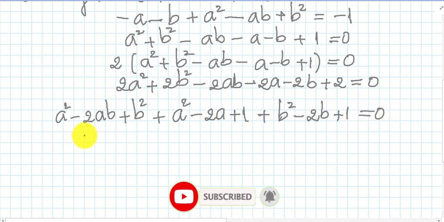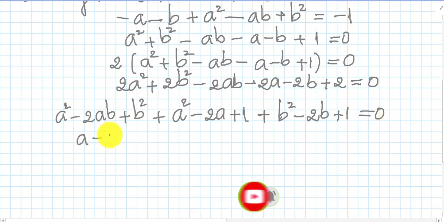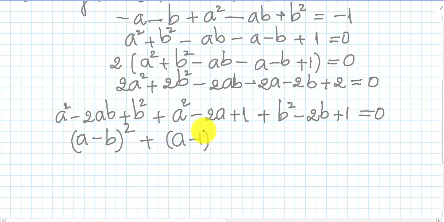We can get (a minus b) all squared plus (a minus 1) all squared plus (b minus 1) all squared equal 0.